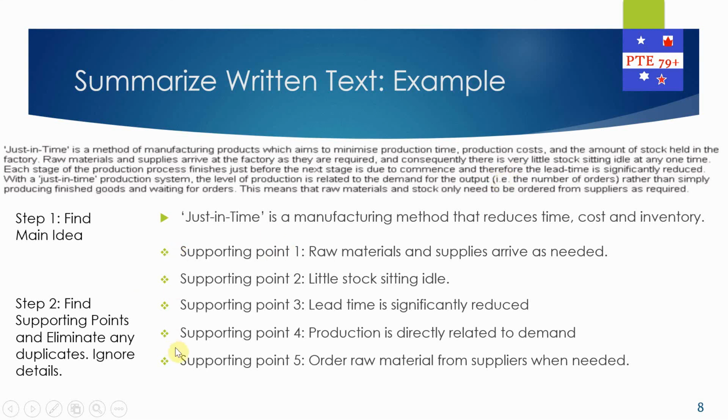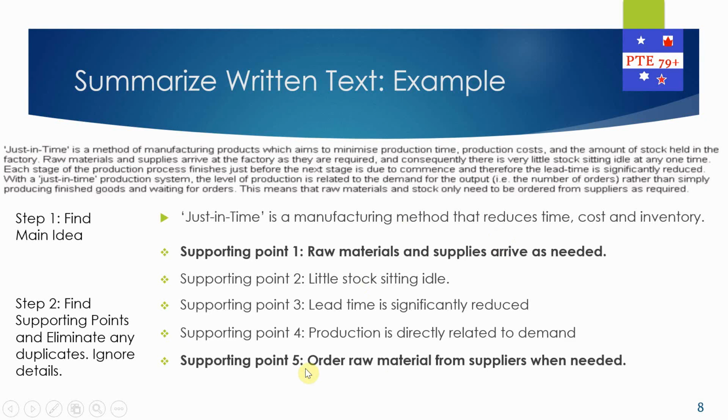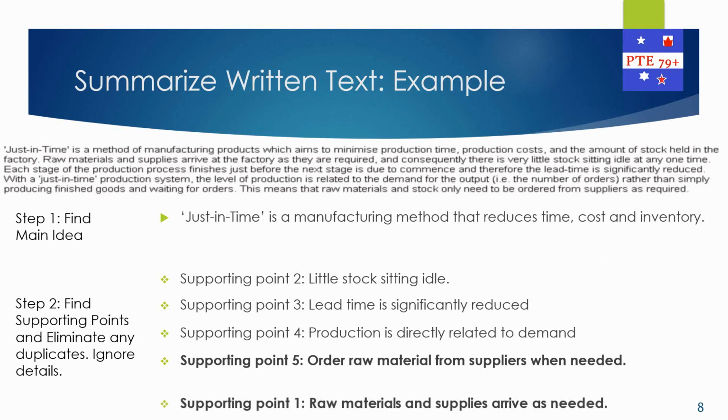Let's say we have 5, but if you really notice, point 1 and point 5 are correlated. They're talking about the same thing: order raw material from suppliers when needed, or raw material and supplies arrive as needed. Arrival and ordering, because obviously when you order they arrive, but it's all about getting raw material. So we can eliminate one point here.